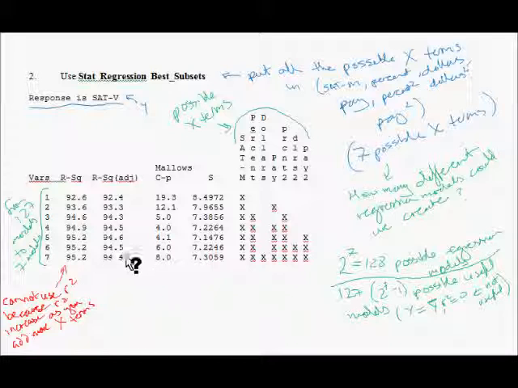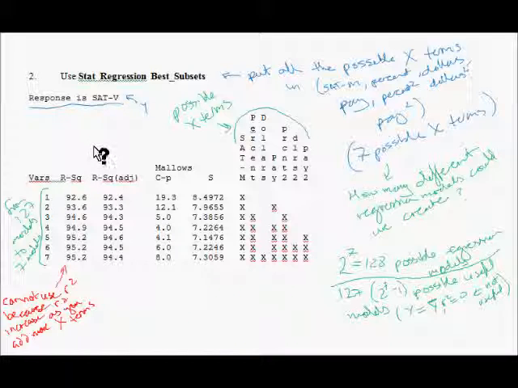It's good for interpretation, right? It's telling us the percent of the variation in the y, in our verbal, explained by the model. But as far as getting a good model, it's not good for that, because as you add more terms, it has to increase. These values here are increasing: 92.6, 93.6, 94.6. These ones look the same, but actually they're not. This 95.2 is actually slightly bigger than this 95.2. If you go out more decimal places, you can show it's actually getting bigger. So that we can't use.